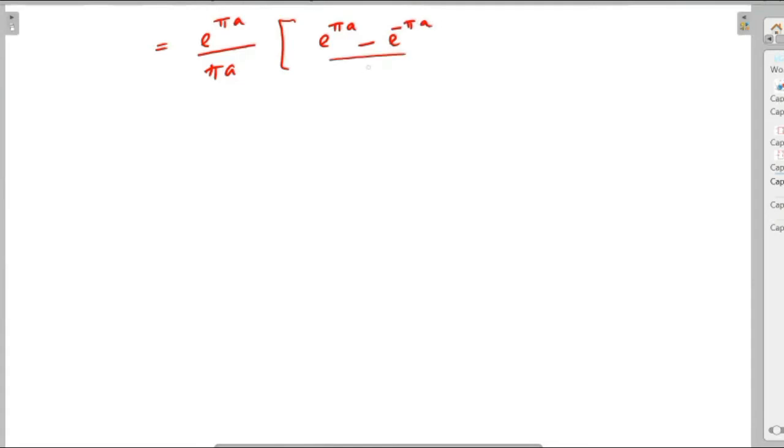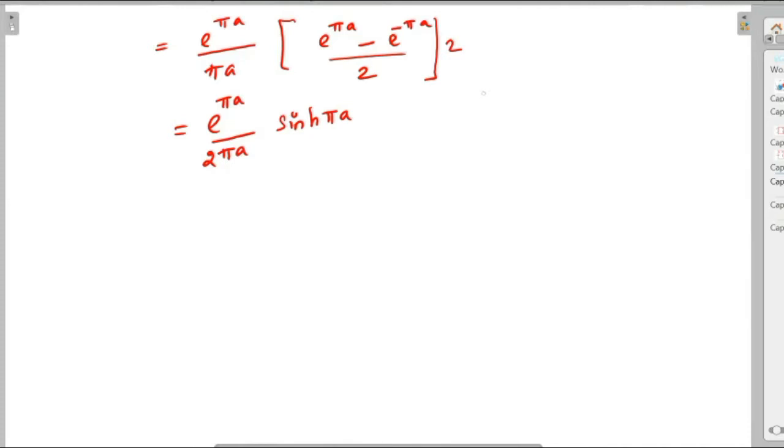You can multiply and divide by 2. So from that you can rewrite this term as e power pi a divided by pi a into sin h pi a.